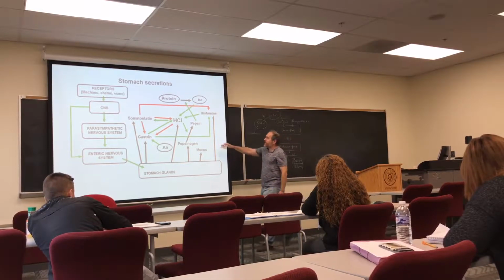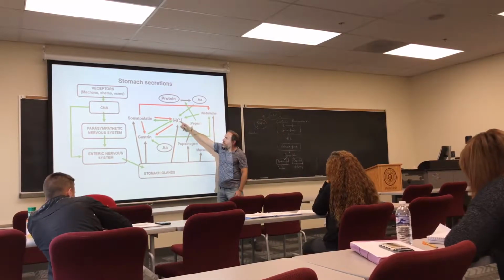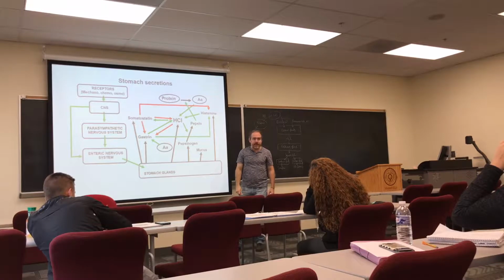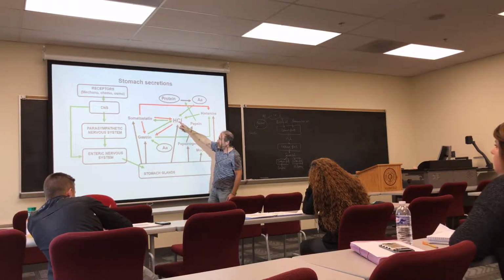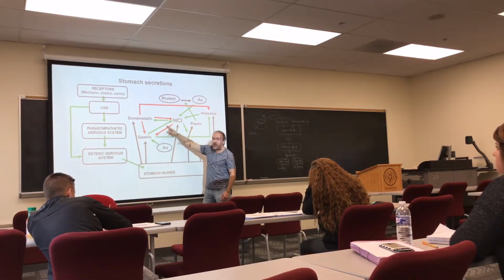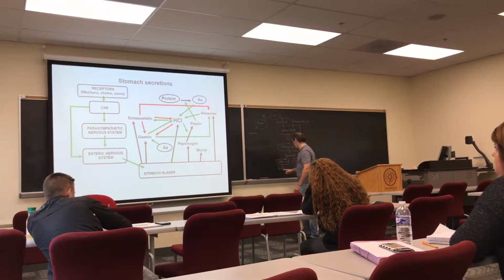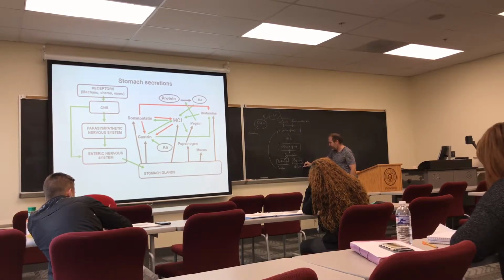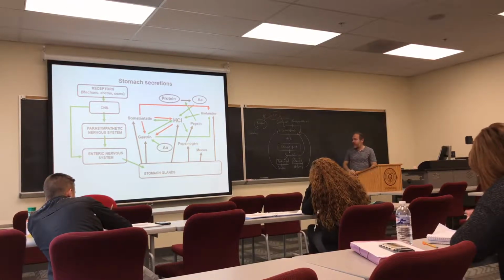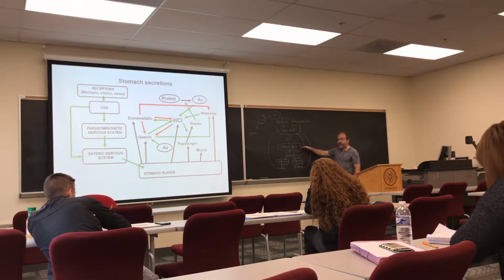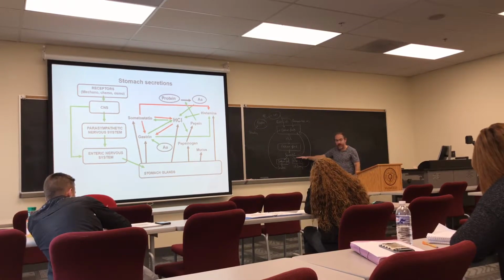You can see that histamine affects the secretion of hydrochloric acid, somatostatin affects the secretion of hydrochloric acid, gastrin too. So this is going to affect this. This is going to affect this. This is going to affect this. So you have multiple levels of effectors and responses, right?